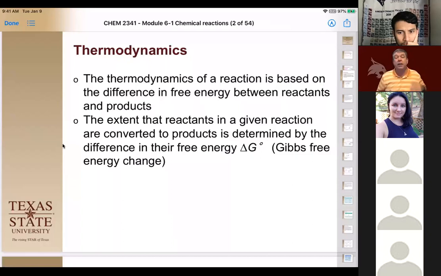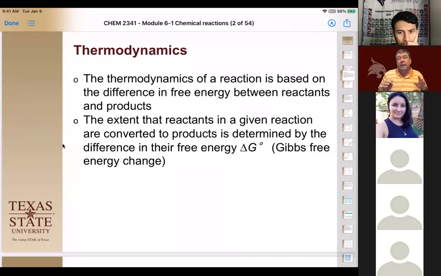In this case, we're talking about the free energy, meaning the difference between the potential energies gives us the energy that we'll see in that reaction. So if we're converting reactants to products and we can determine the difference between the starting energy and the ending energy, the one we're going to look at first is called the Gibbs free energy change, or the change delta G0.